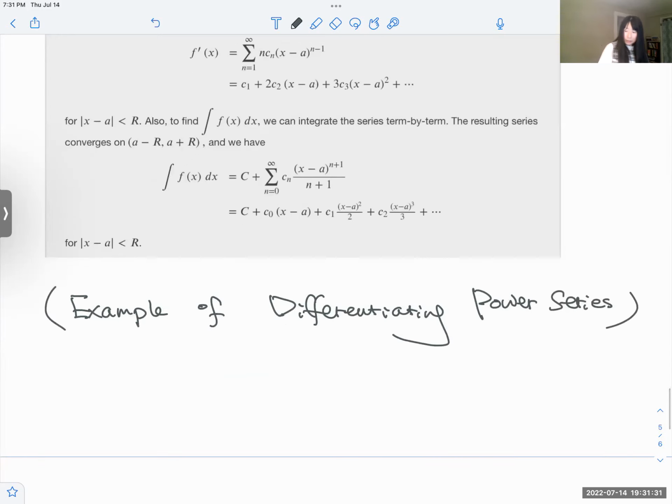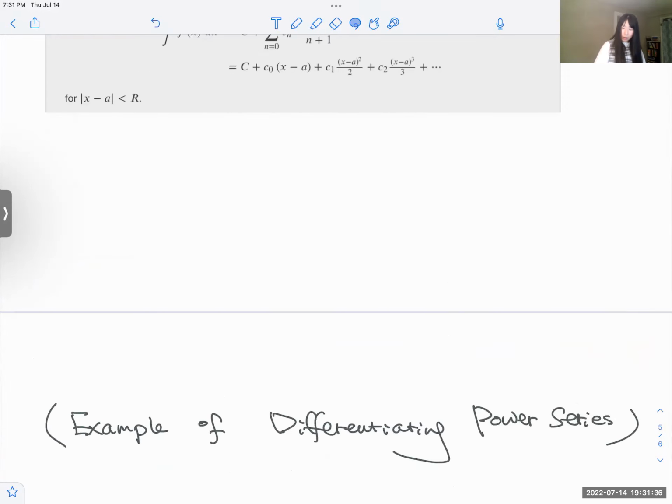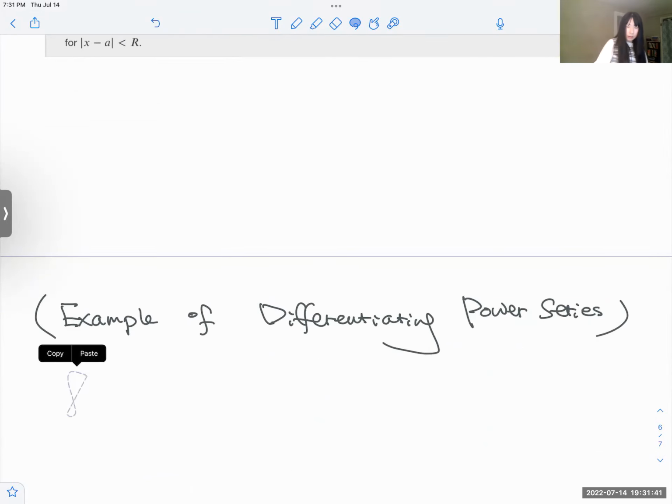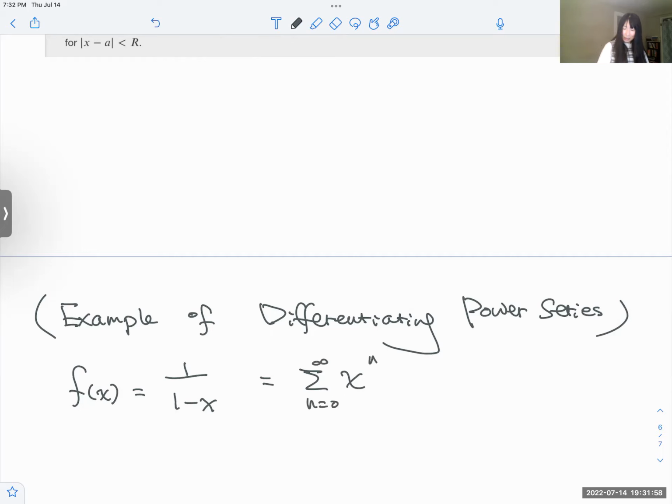Okay, so we have the function f of x. All right, we have 1 over 1 minus x. We know that this is the series of x to the n power, right? And we know that this is like this, right? So many times already now. Okay.